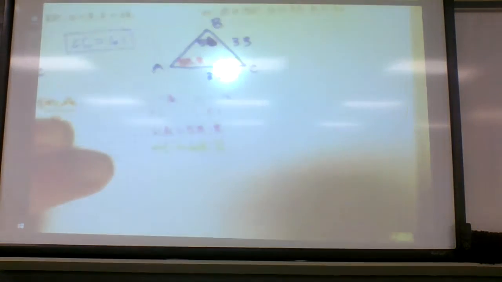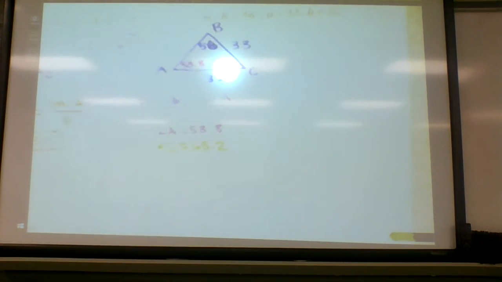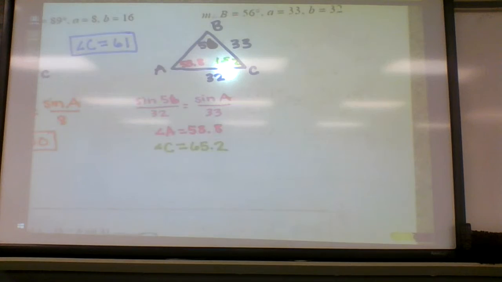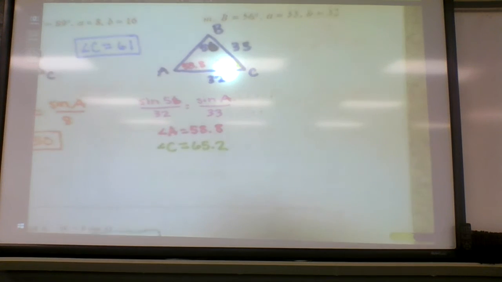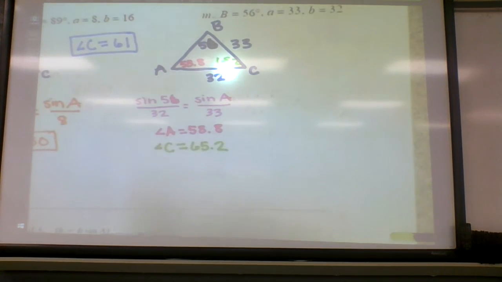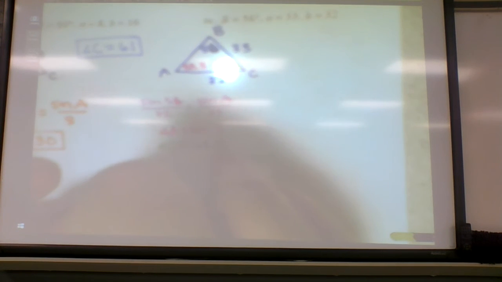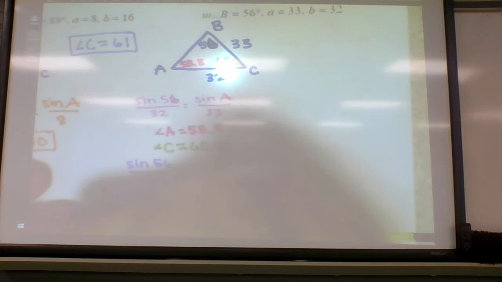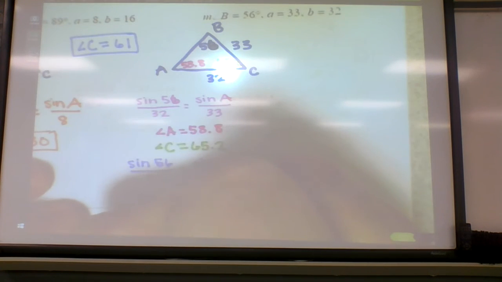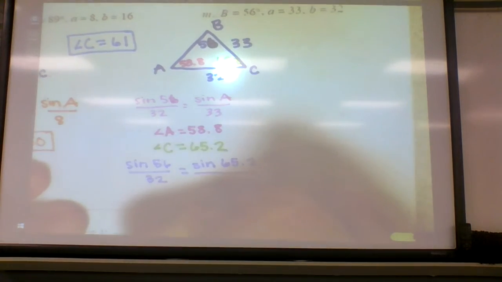So we're still good, right? 65.2. And so let's get side C and finish this triangle. And as long as side C comes out right, then we know that there has to be another triangle here, yes? So for side C, we'll say sine of 56 over 32 equals the angle we just found, sine of 65.2 over side C.